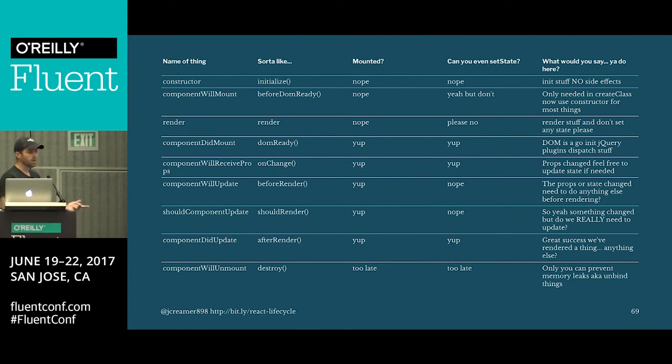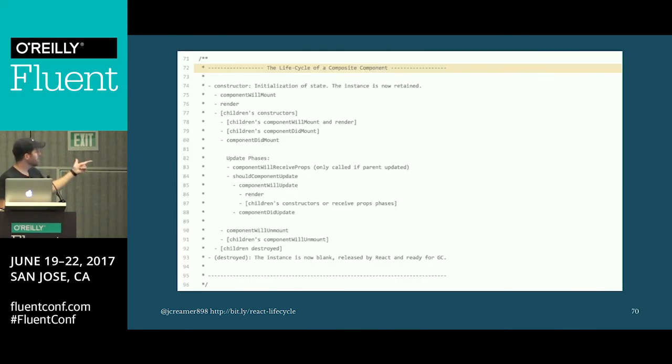You can only call setState in certain ones, so I use this as a guide as to which ones you can call setState in. And then there's a really brief, sort of goofy one-liner about how to actually use each one. Again, I've got a link to this at the end of this slide deck as well, so you can have that gist. I found this actually by code spelunking React.